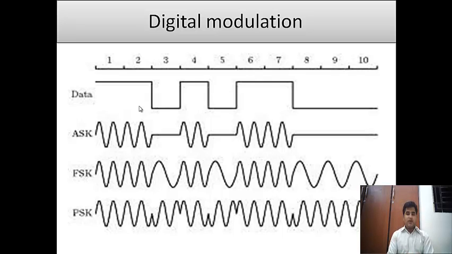This technique could be further refined to send 3 bits at the same time by defining 8 different amplitude levels, and 4 bits by defining more. The same approach can be used for frequency and phase modulation. So this is the overall view of digital modulation.